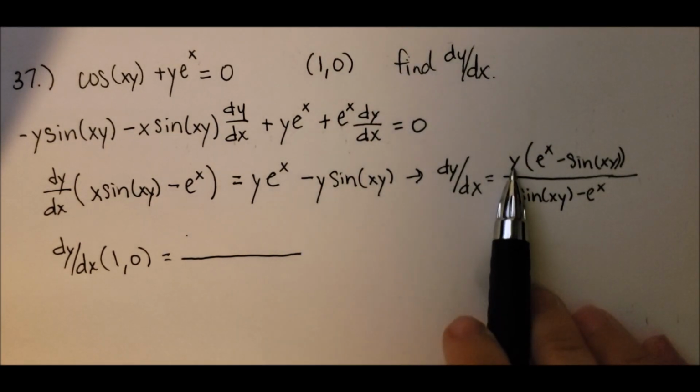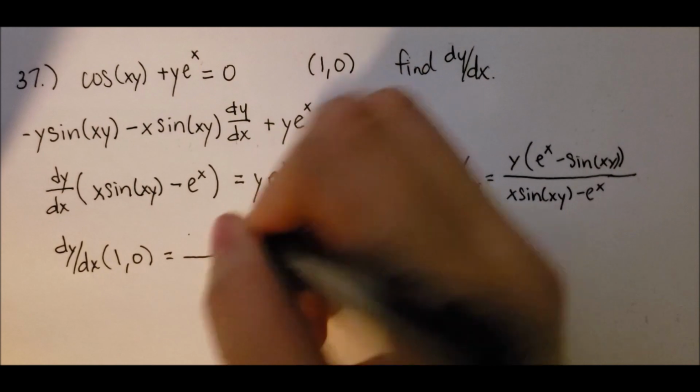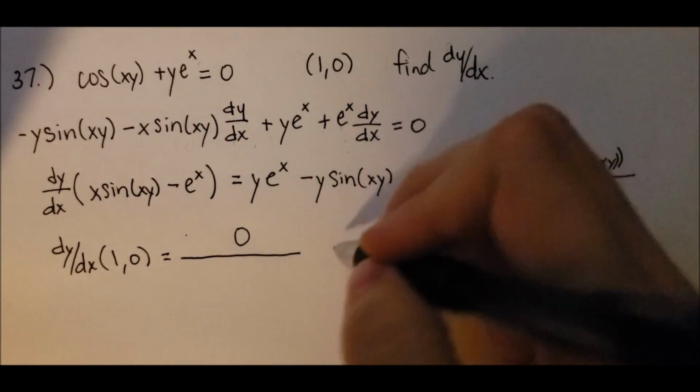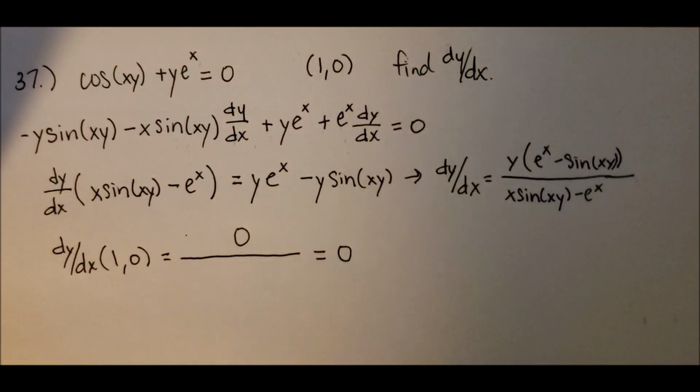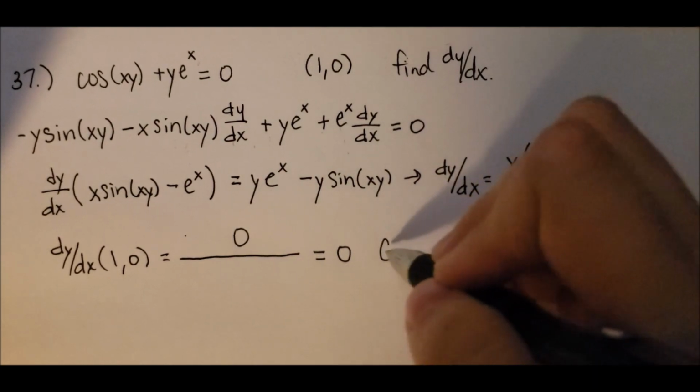So if y is 0, the whole numerator is 0, so it doesn't matter what the denominator is. The derivative at 1, 0 is 0, which is c.